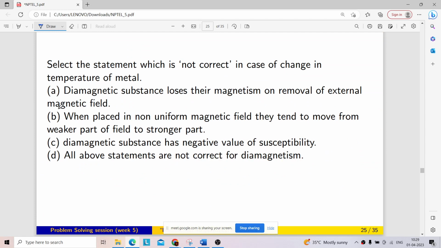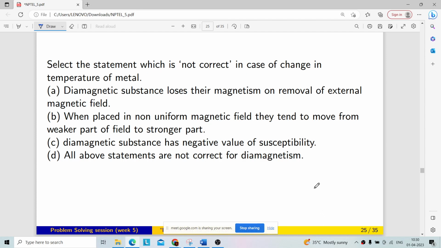Select the statement which is not correct in case of change in temperature of metal. So what are the statements we have? Diamagnetic substance loses their magnetism on removal of external magnetic field. That's correct.